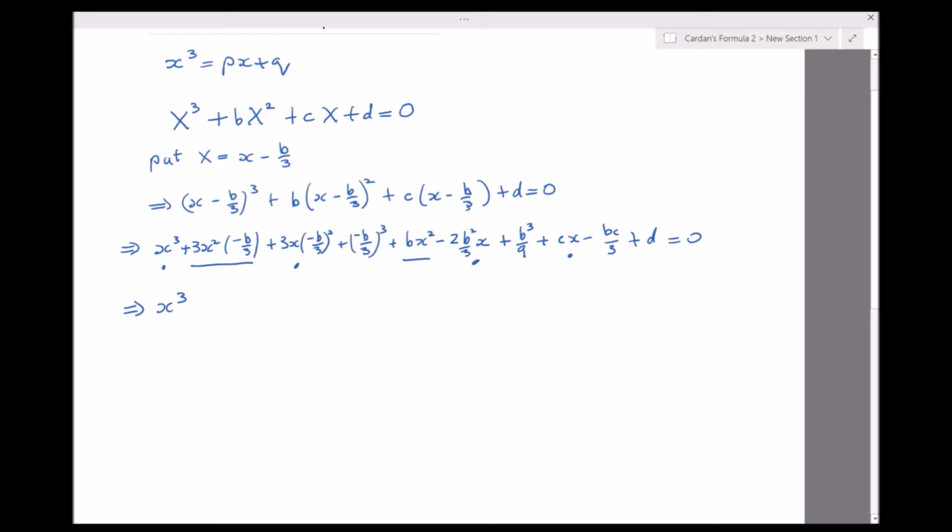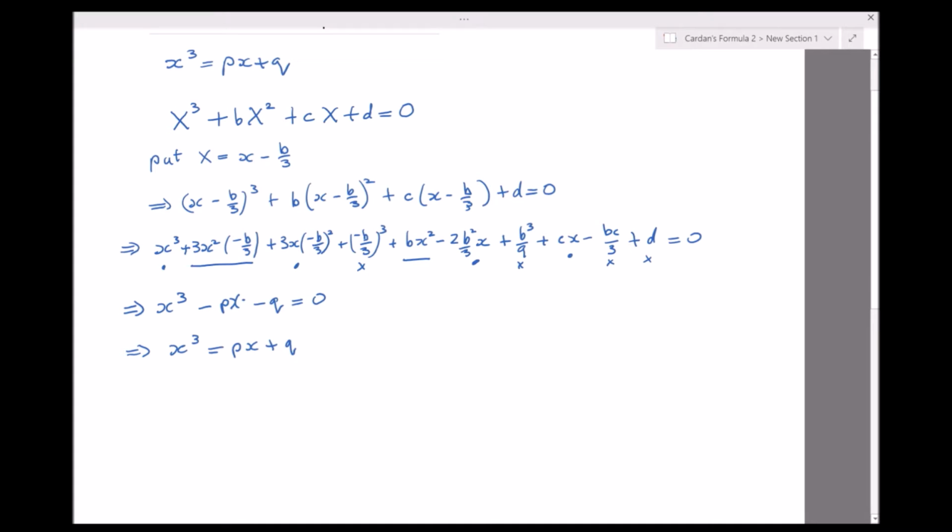Well, I can write that as minus some number times x. And then we have a series of constant terms, and I can just write that as minus q, equals 0, which says that the equation we started with is now x cubed minus px minus q is 0, or x cubed equals px plus q.